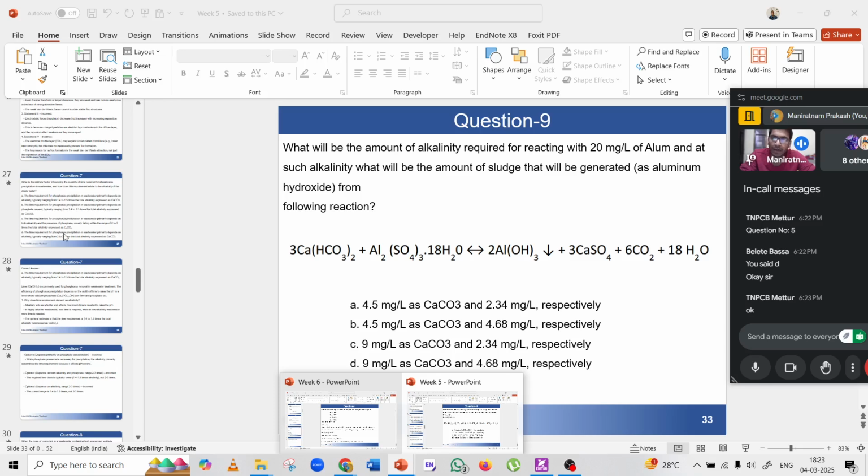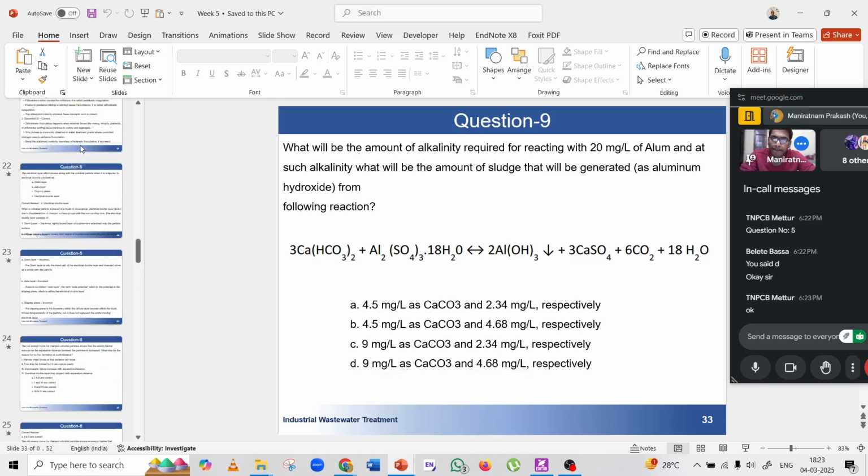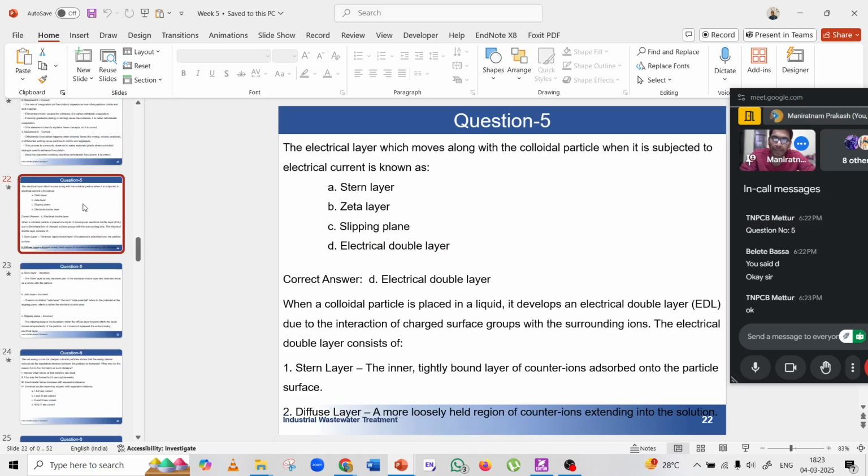Any other doubt? Its answer will be D. I will mail them once again. Don't worry about that. Apart from these two, any other doubt?